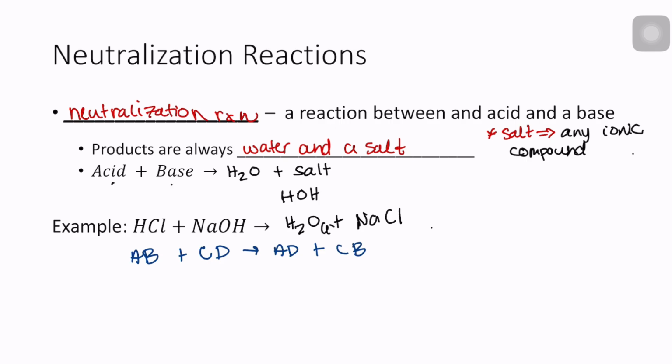Water I know has a state, it is liquid. Water cannot be aqueous because if we mix water with water, we just get more water. It doesn't become aqueous. Now, the other component of the products is sodium chloride. Sodium chloride has sodium. It is part of the N rule, so I know that this is going to be aqueous.